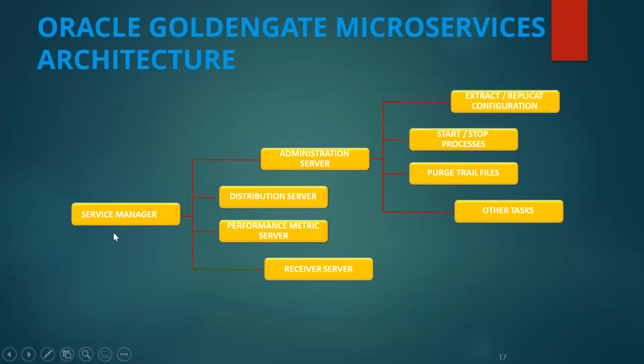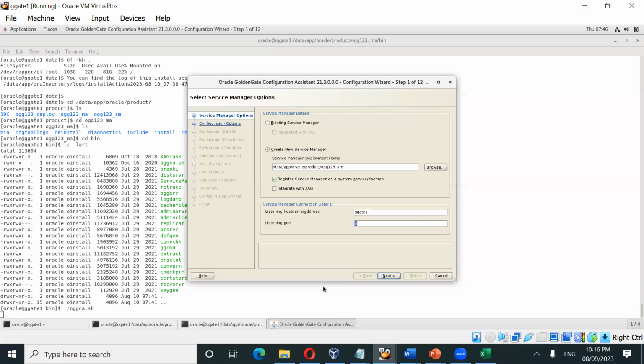The service manager requires a port, similarly the admin server, distribution service, performance metric service, and receiver service, everyone needs a port. Here we are defining the service manager port. I'm defining, say for example on Ggate 1, as 7820. So I'm providing the host name as well as the listening port. Once you are done, click on next.